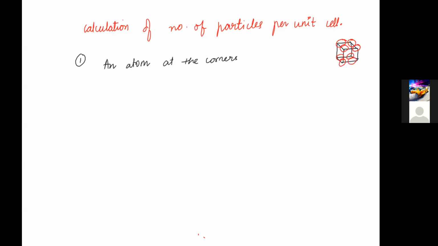If you look at this atom I'm talking about, the first rule is that an atom at the corner is actually shared by 8 unit cells.